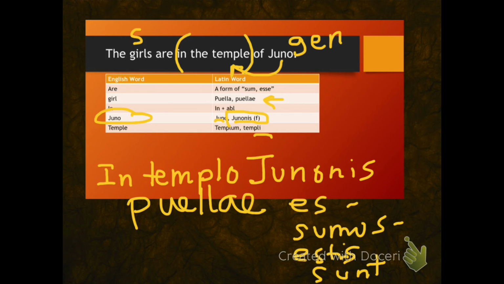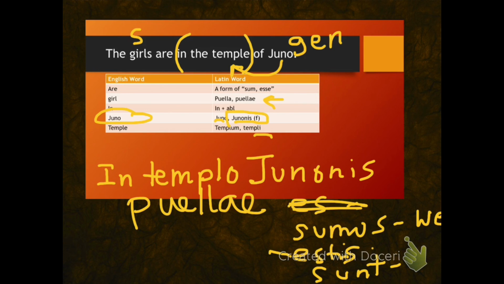Only one of these is correct for the sentence, and I'll know which one is correct based on the subject. If the subject were singular, I could use es, but it is not singular. The subject is plural, which leaves me with 3 choices. Whenever I use sumus, the subject has to be we. I don't have we as the subject. I have the girls as the subject.